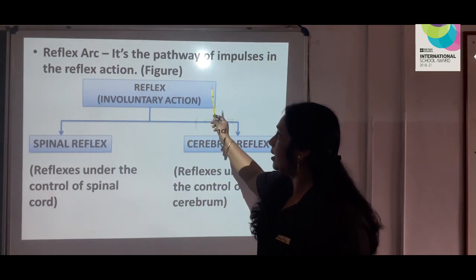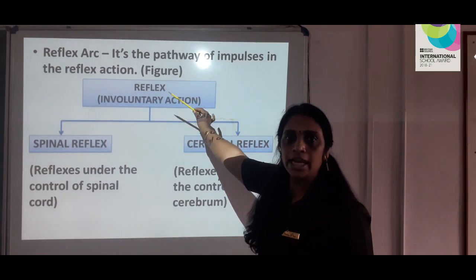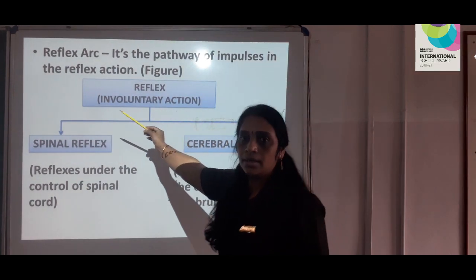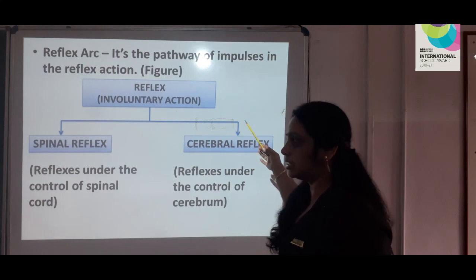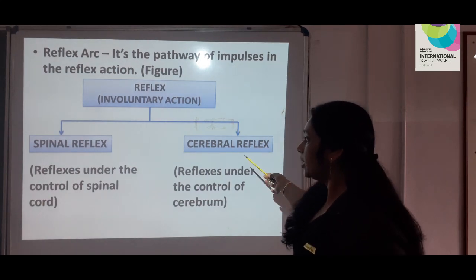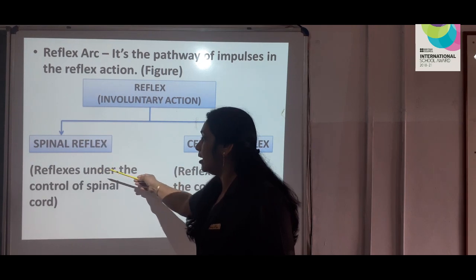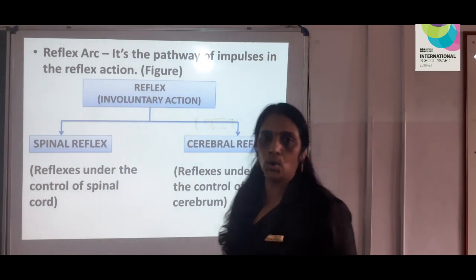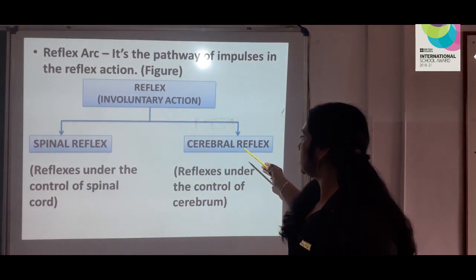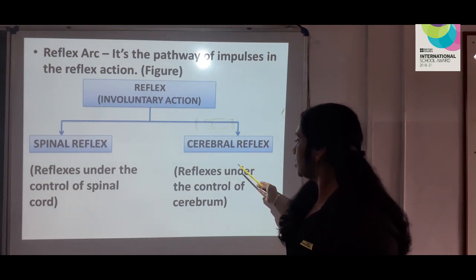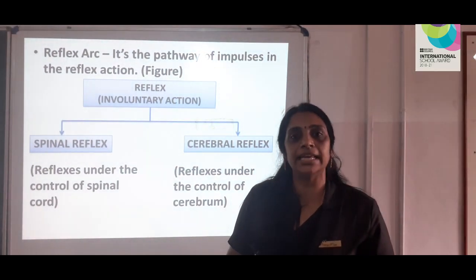And we also know what is reflex? Reflex is involuntary actions, and it may be spinal reflex or cerebral reflex. When it comes to the spinal reflex, it is under the control of spinal cord, and when it comes to cerebral reflex, it is under the control of cerebrum.